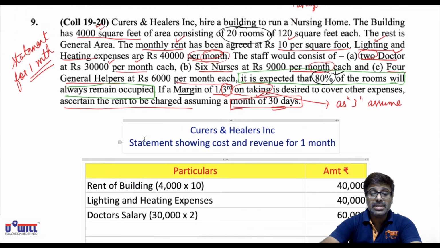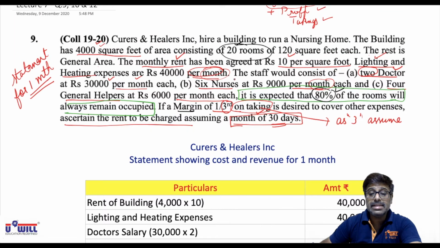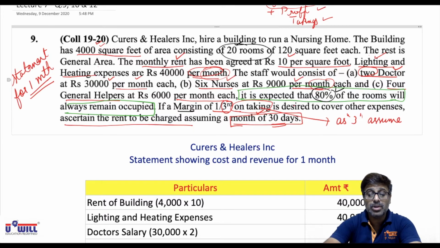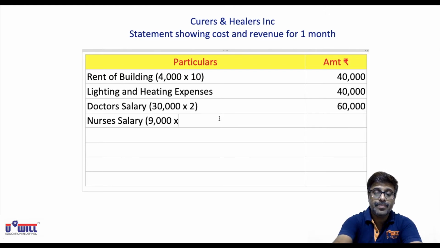Then after doctor's salary, we have nurses salary. 6 nurses at 9,000 per month. So 9,000 into 6 nurses comes to 54,000.